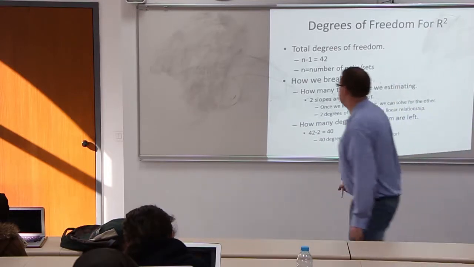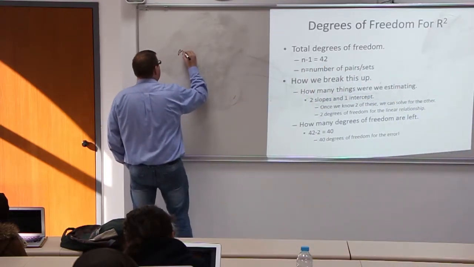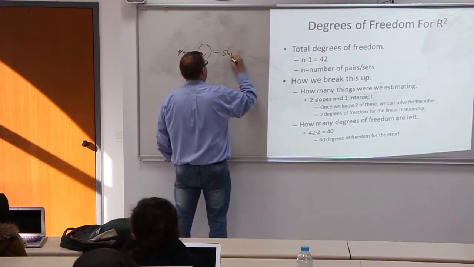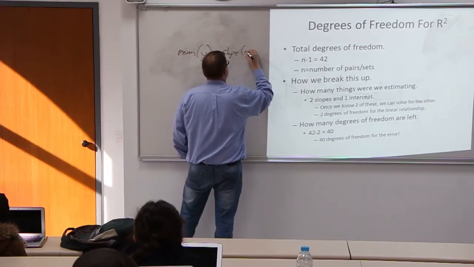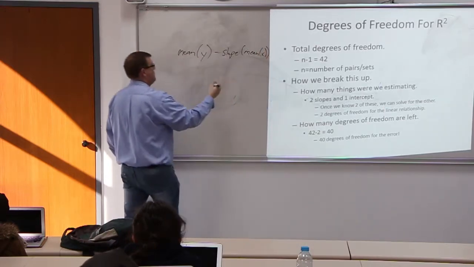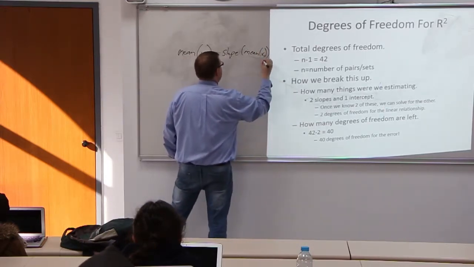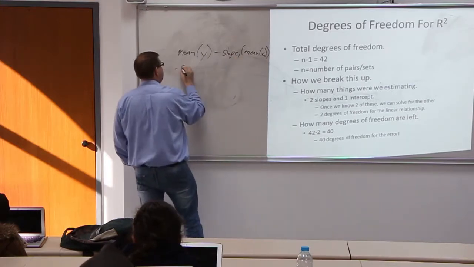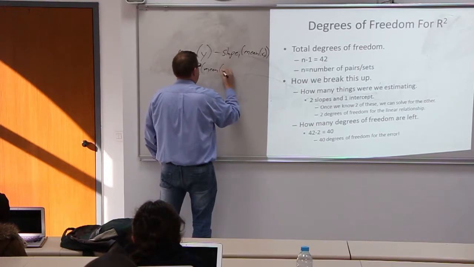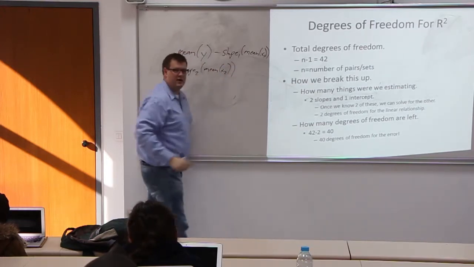Remember when we were doing that? So we had something like mean y minus slope times mean x. And if we had multiple x's, we could say mean x1 times slope 1, minus slope 2 times mean x2, and so on and so forth.